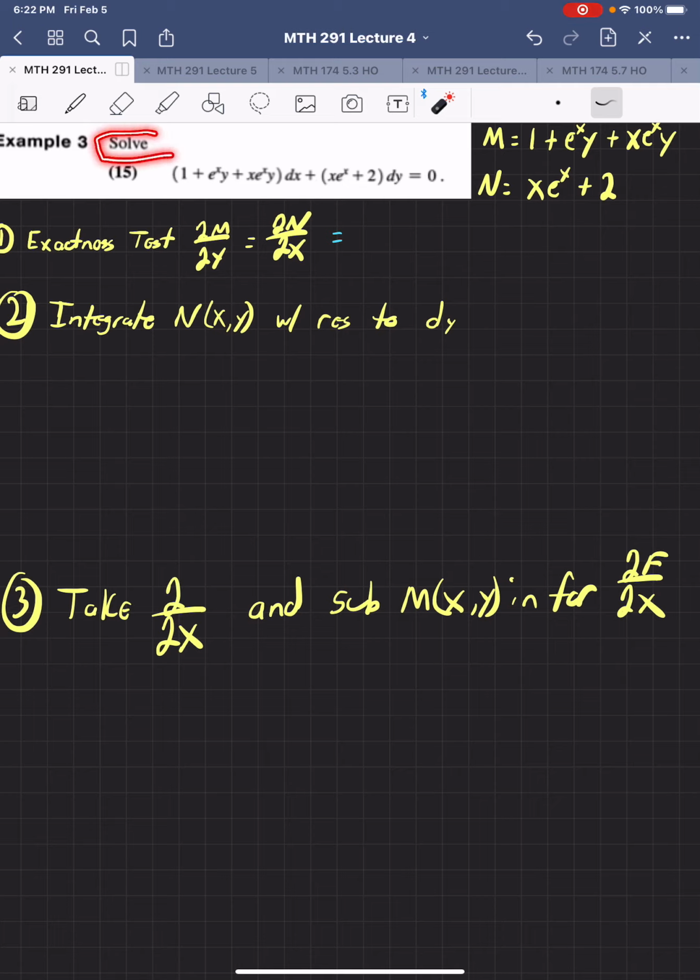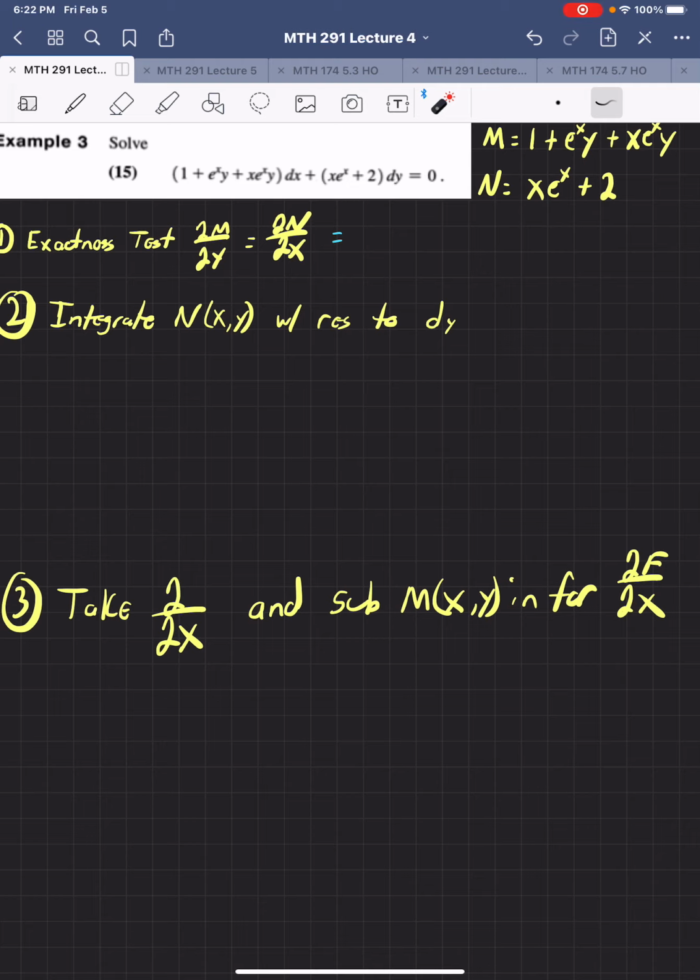The directions are just to solve the differential equation. We should be leaning towards using the technique for exact differential equations.